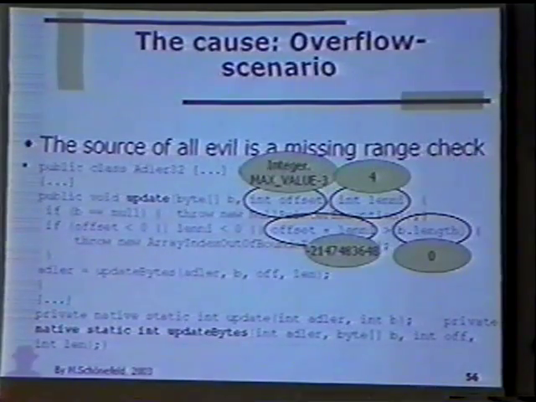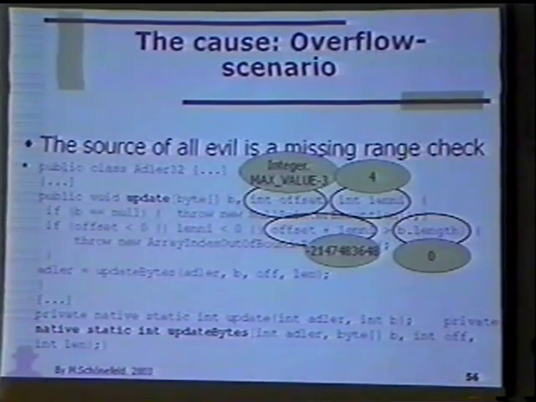because there's a missing range check, when you have the update function in the checksum, in one or both checksum subtypes. Yeah, you just read it from the source code that is supplied with the JVM, with the JRE, and you give a very high first value, which is integer max value minus 3, or you give a length of 4.